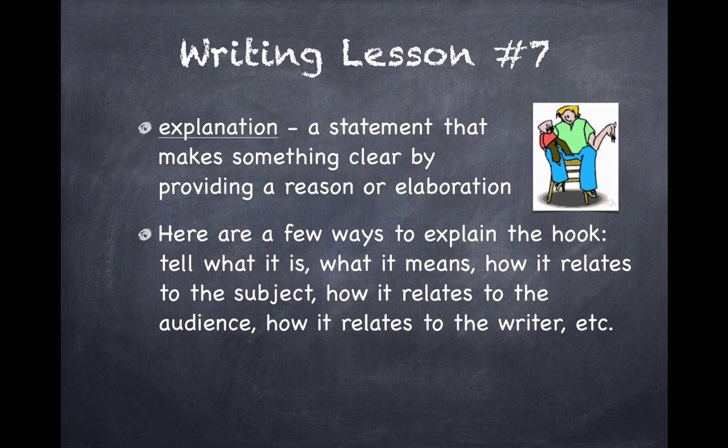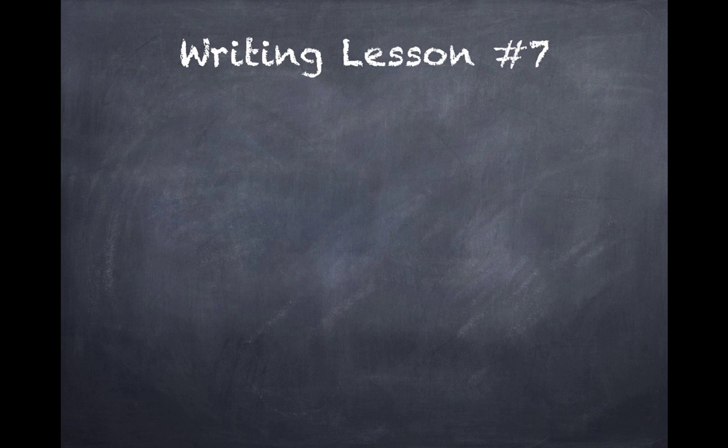For example, if you're writing about your favorite candy and you do a hook, you don't want to come out and say your thesis statement as your explanation, because you have to save that for the end of your paragraph. So you wouldn't say, clearly my favorite candy is blank, because you want to save that for the very end. So you have to be crafty with your explanation. So sometimes that's on a situation by situation basis.